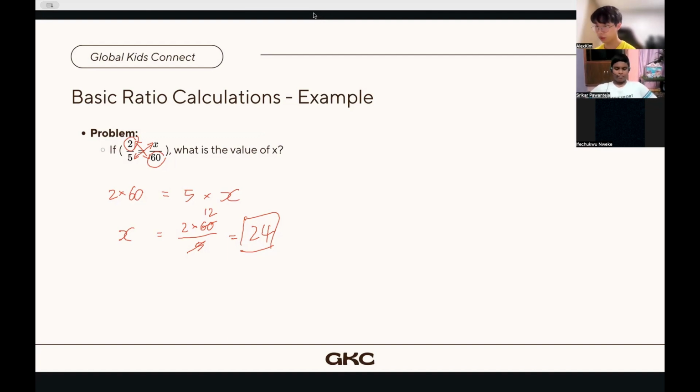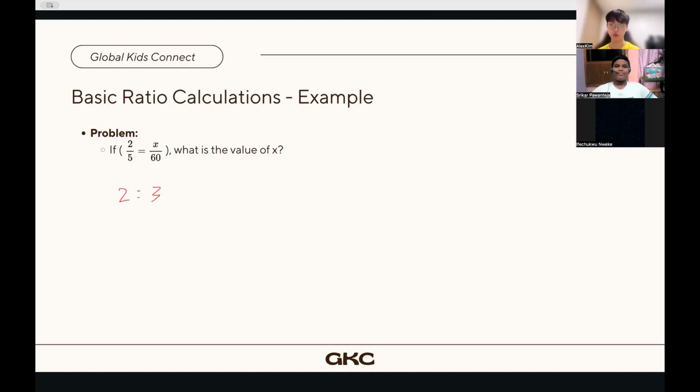Okay. Just a slight detail to go over right before we move on is that there are different ways to express ratios. Some questions express it as, let's say, the ratio is 2 to 3. This is the ratio that most of us are familiar with.